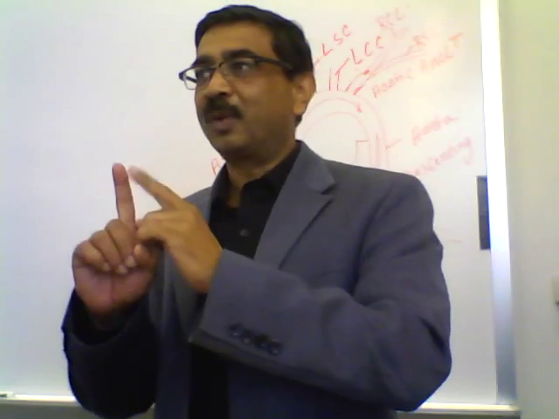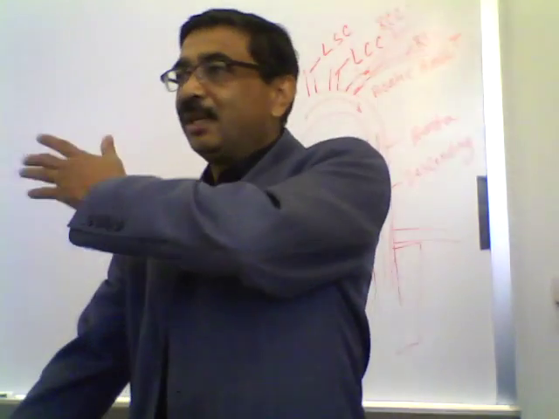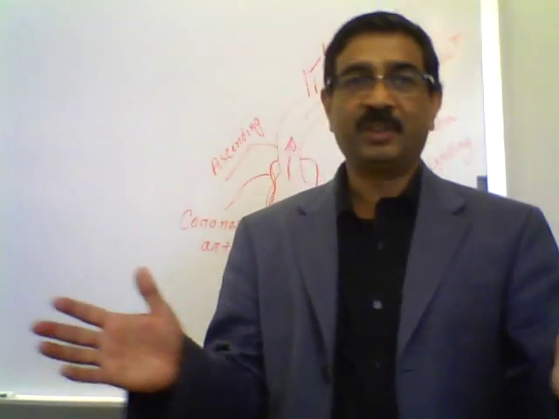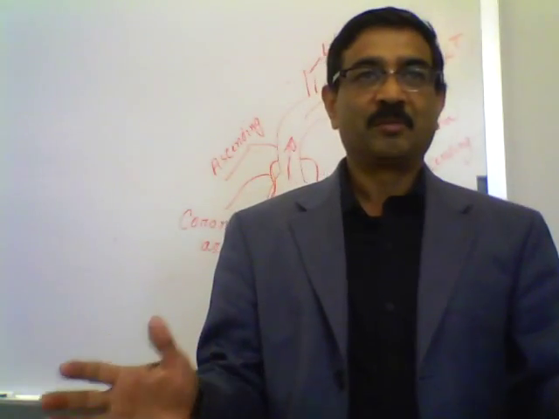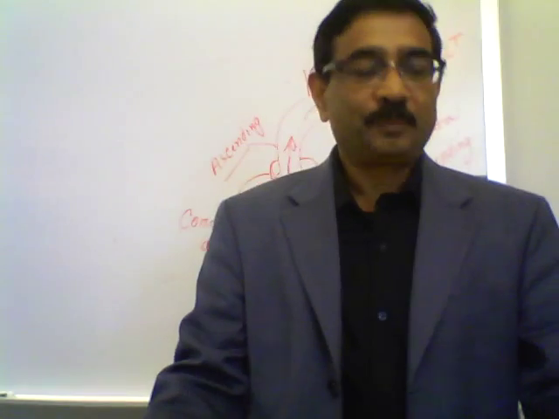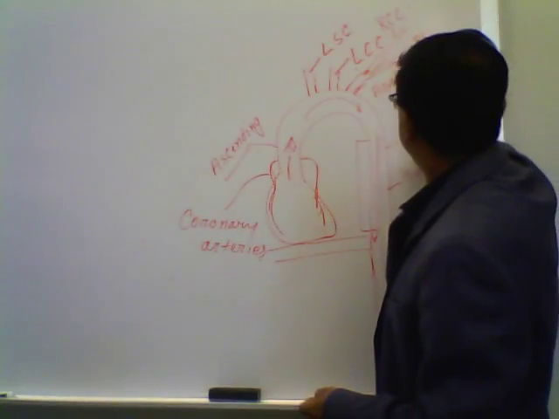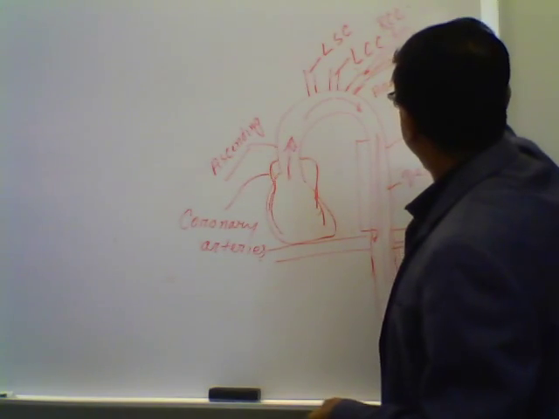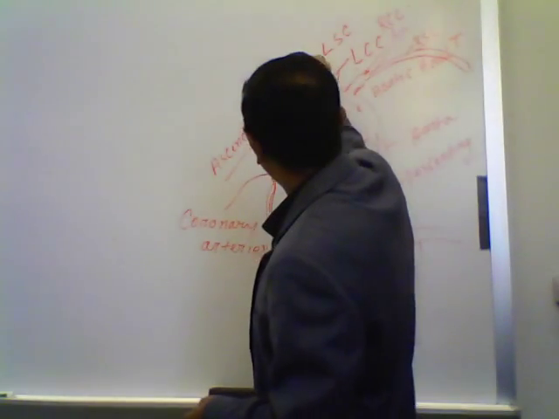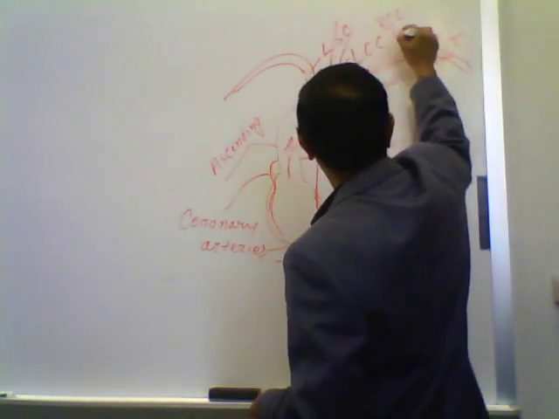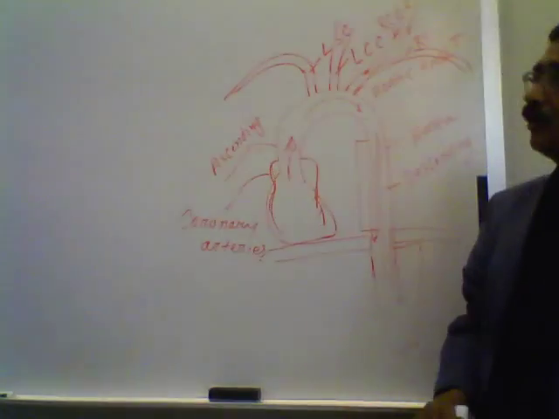So one will go towards the head, another will go towards the arm or upper limb. Okay? Now you know which one is going in which direction. So this one, subclavian, goes towards the arm. This one goes towards the arm, and these two, common carotids, go towards the head.